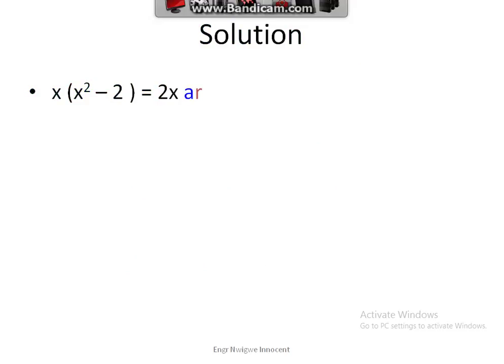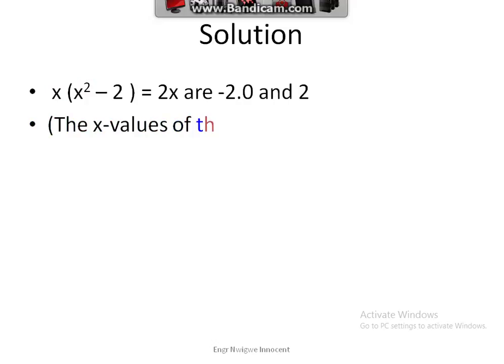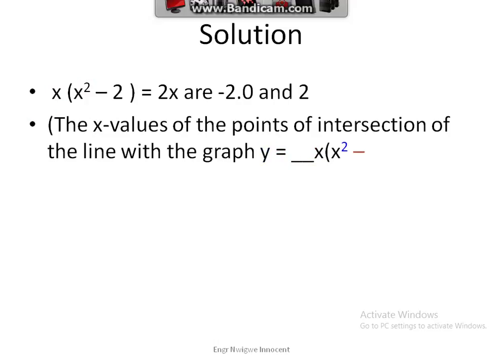So we are asked from the graph to write down the solution of the equation x(x squared minus 2) equals 2x. Since the intersection of the graphs where the straight line meets the curve is at minus 2 and 2, then this will be the answer.